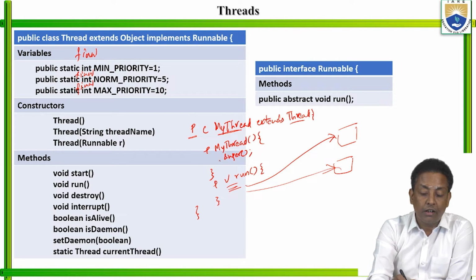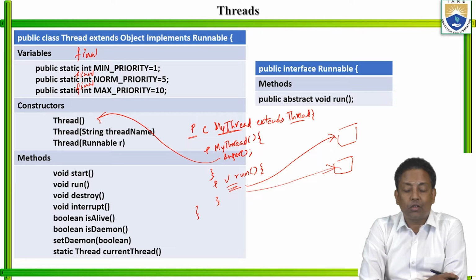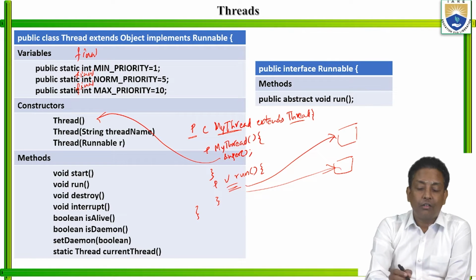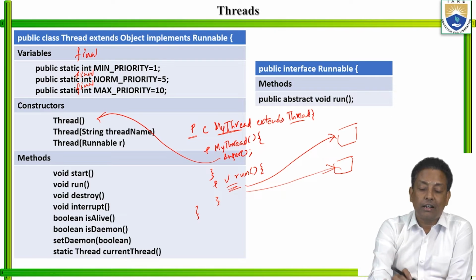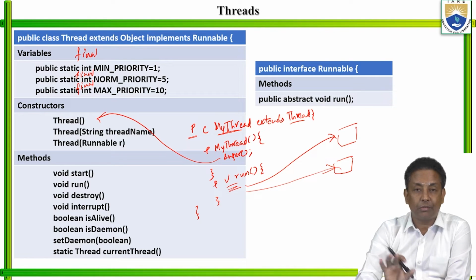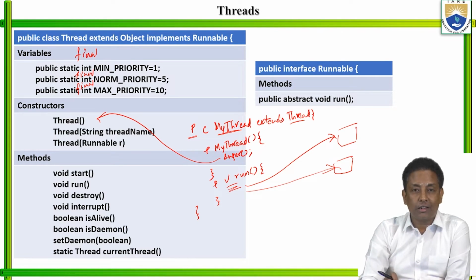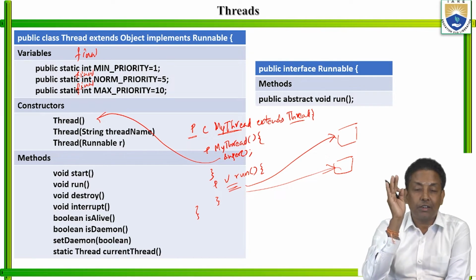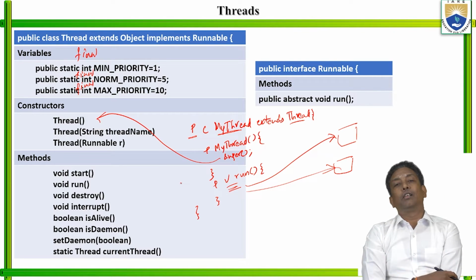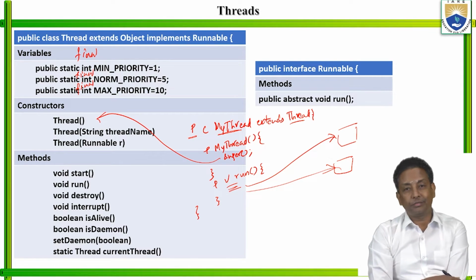And from here, this constructor is called. If you write a class extending from Thread, and you don't write any constructor, or even if you write a blank constructor, the first statement in every constructor is calling the superclass no parameter constructor.